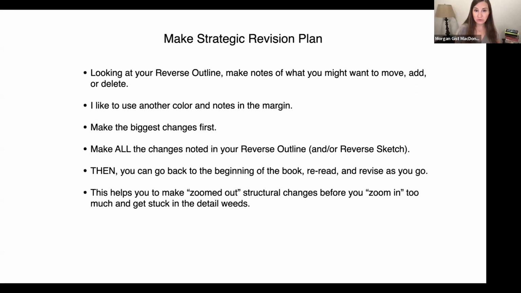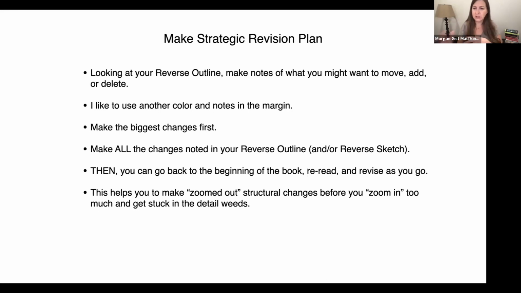So you can look at your reverse outline. You've got this stack of 10 pieces of paper of your notes, and you might want to grab a different color of pen and just circle or make a mark that indicates something's not quite right here. Maybe put a bracket around it and say, I think I want this to be different. I need to add some sort of backstory to explain this motivation, or I need more description here for this setting, or I need a transition.